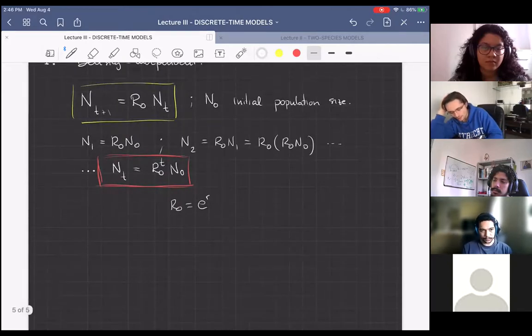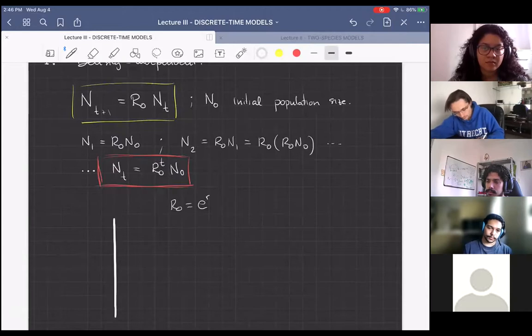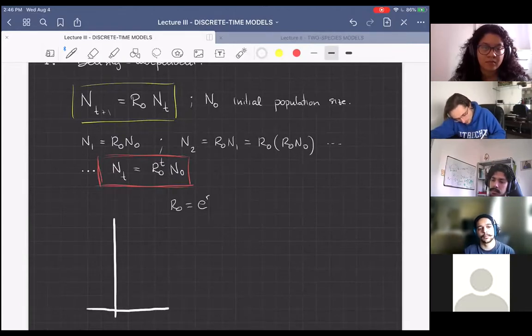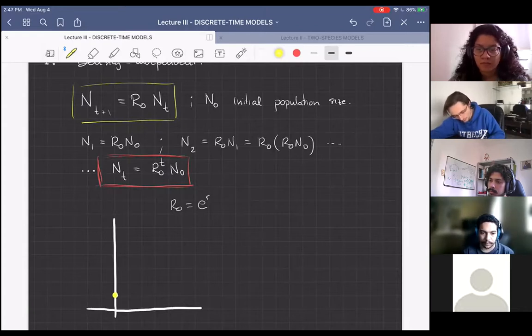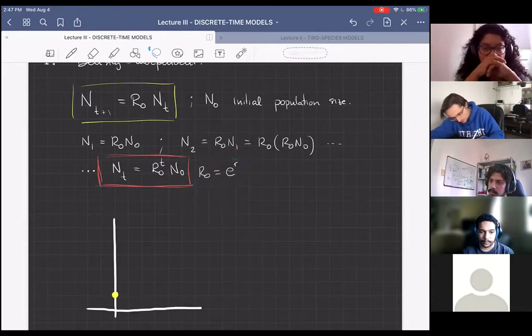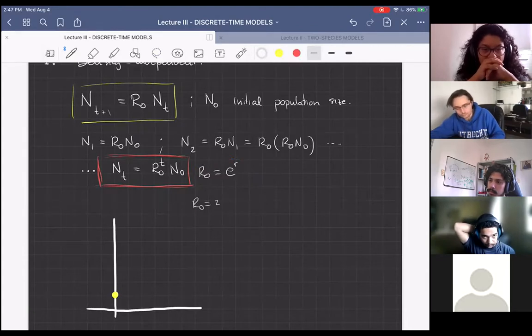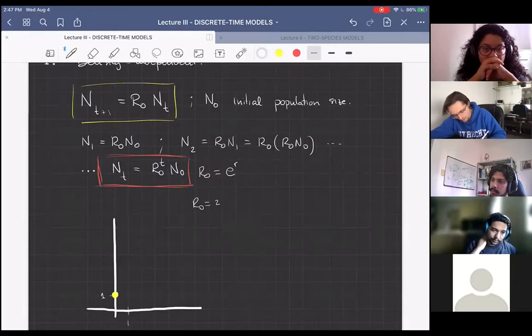Another way to see that is, of course, by making a graphical representation of how these population sizes change in time. For instance, if we start with 1 individual, and we take R0 equal to 2, this means that at time equal to 1, I am going to have 2 individuals.